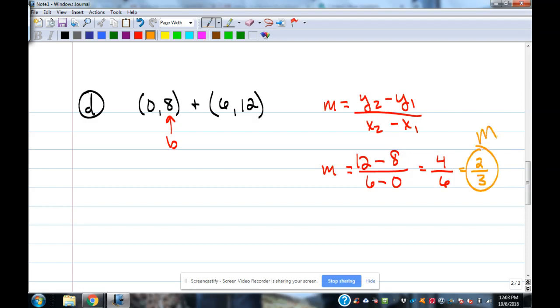I've got m. I've got b. Those are the things I need. 2/3 x plus 8. It's plus 8 because that's positive 8. If it were a negative 8, you'd have a minus 8. On these other ones, I gave you the slope, I gave you the y-intercept.